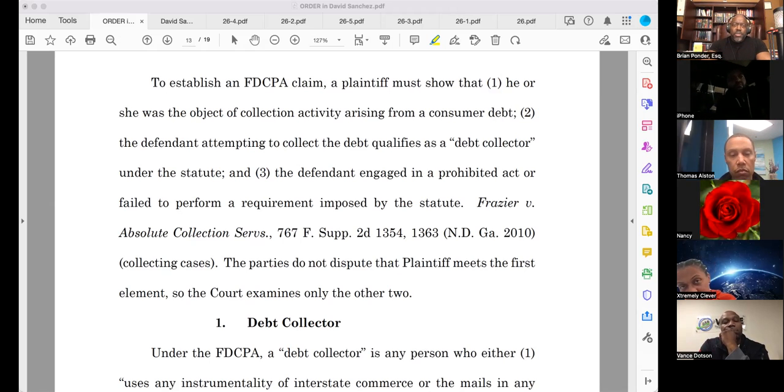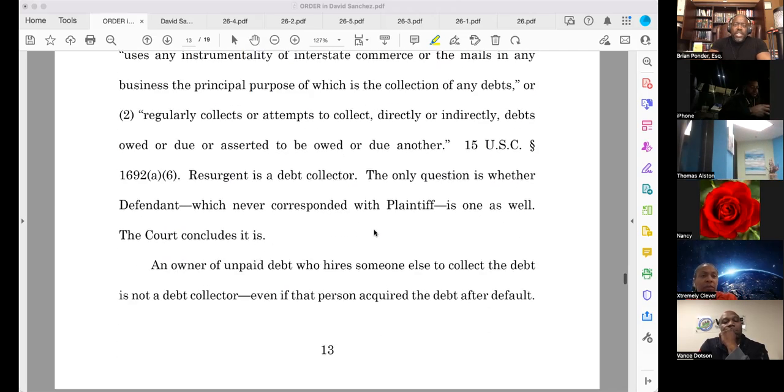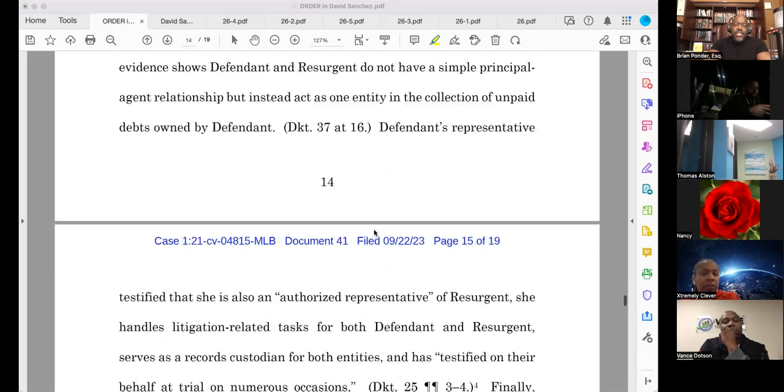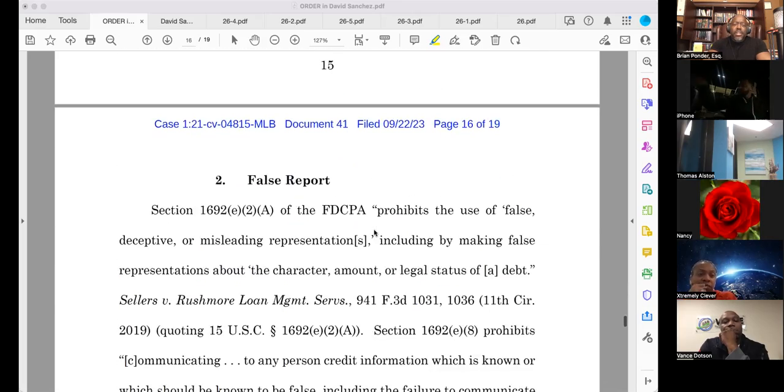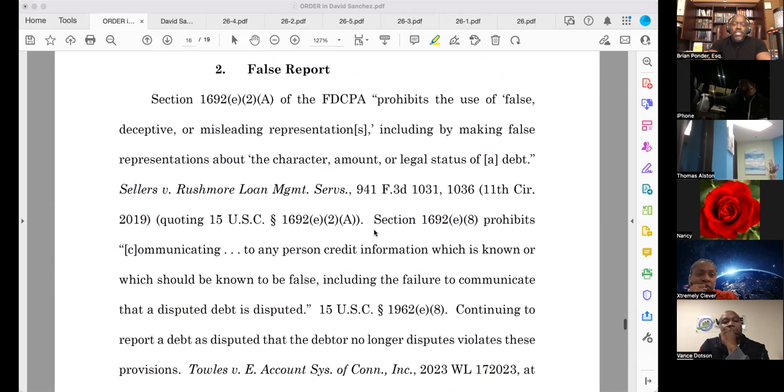And then it talks about how to establish an FDCPA claim: you have a consumer debt collector, and then a violation, engaging in prohibited conduct. Pretty much they established easily that there's a debt collector here, consumer debt, and the violation is the false report.